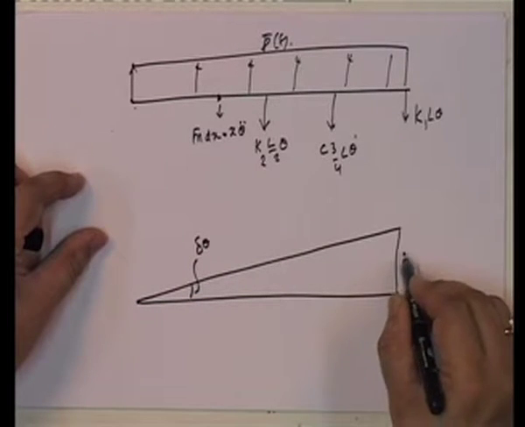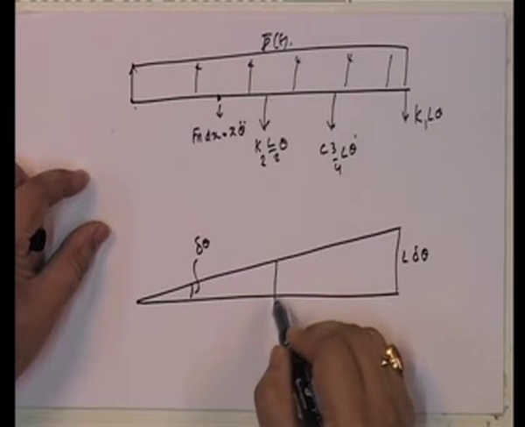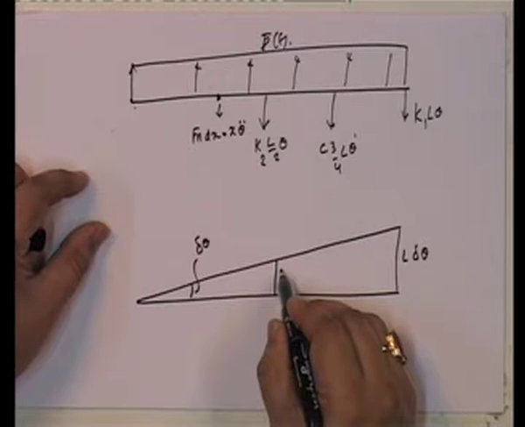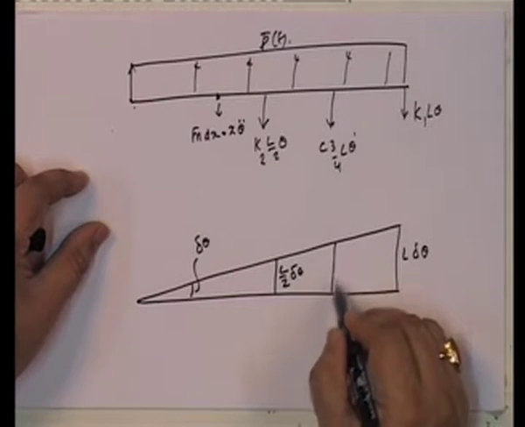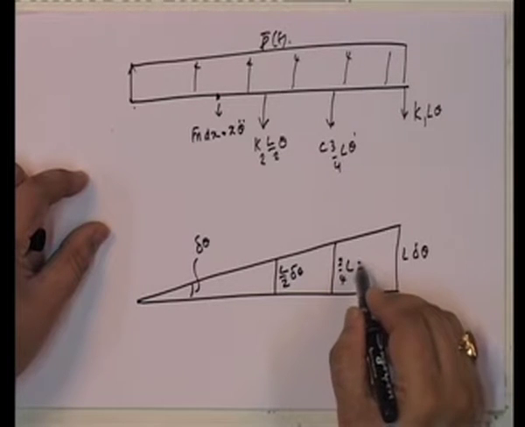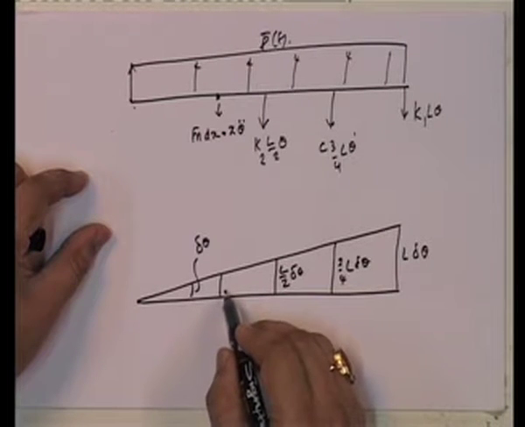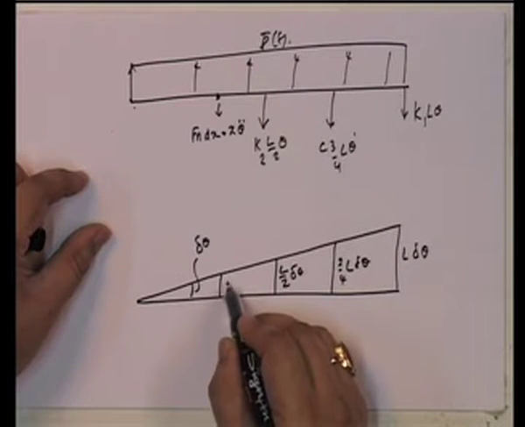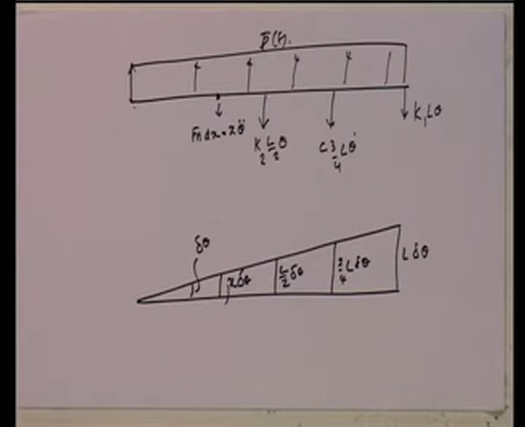What is this? L into delta theta at this point, L by 2 delta theta at this point, 3 by 4 L delta theta at this point, and at any point it is x into delta theta.